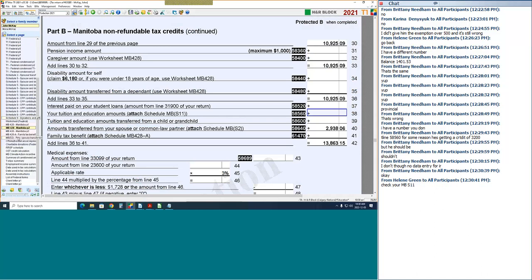Okay. There is no MBS 11 for John. You should not have an MBS 11 for John. If you have an MBS 11 for John, something has gone wrong. Yep. So your computer should not be generating that form. If it's generating that form, something happened, and we have to find out what happened.